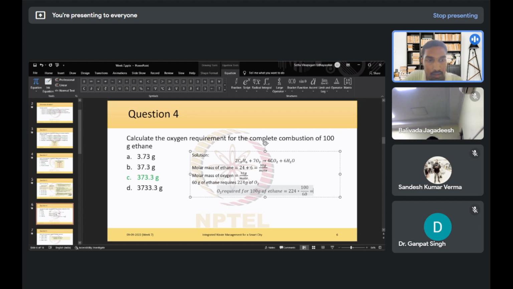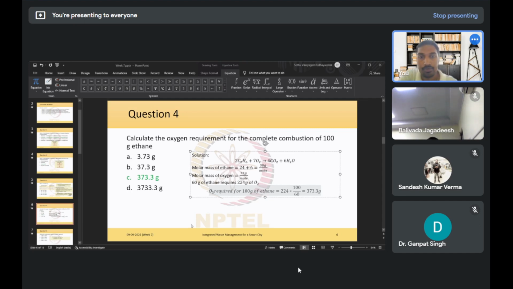So that is 373.3 grams. Okay, is that clear? So for every 1 gram, we'll require 224 by 60 grams, right? For 100 grams, it will be 224 by 60 times 100. Any questions? Okay.